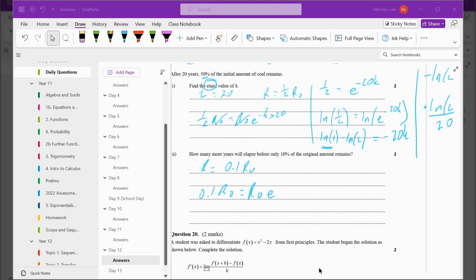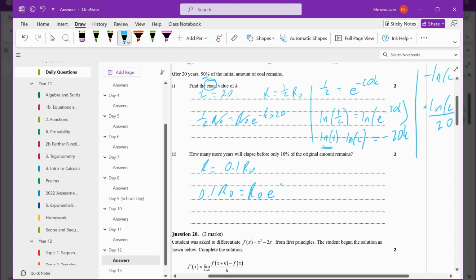We're trying to find T this time, so we're just substituting in what we know for K. This should be minus ln of 2 on 20 to the t. Again, the R0s disappear.